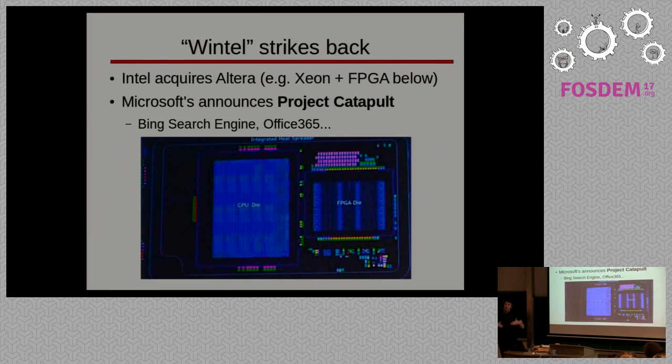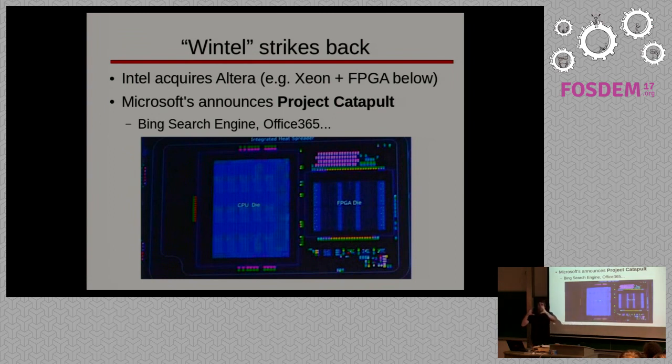They are partnering in some way with Intel, and for example, they are already using this in the Bing search engine, and they are planning to use it also in Office 365. In this picture, which I really like, you have a Xeon processor in which, in the same package, we have the multi-core CPU and an Altera FPGA, all packaged in the same socket.